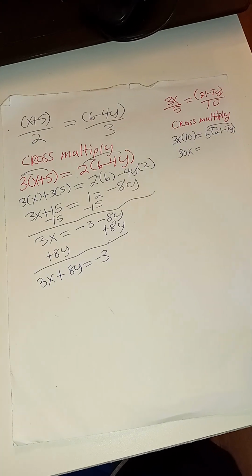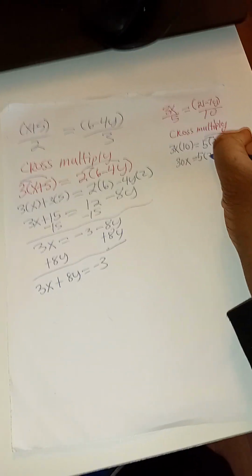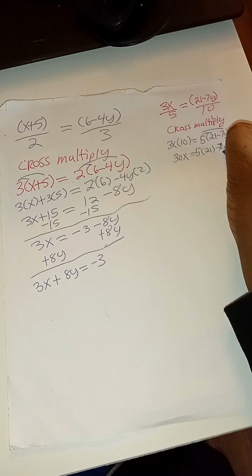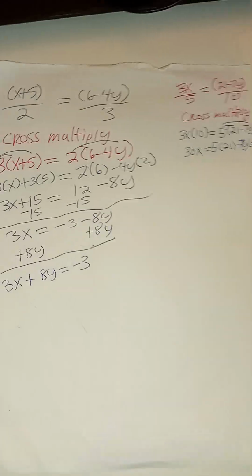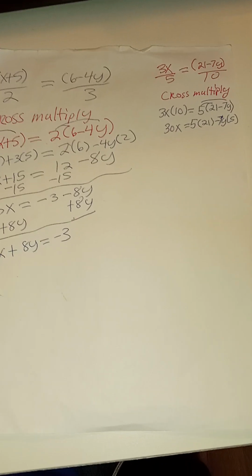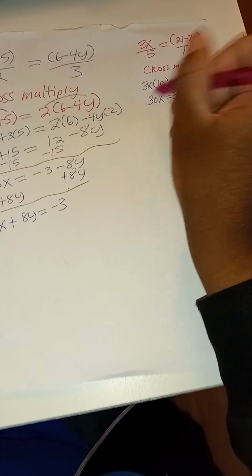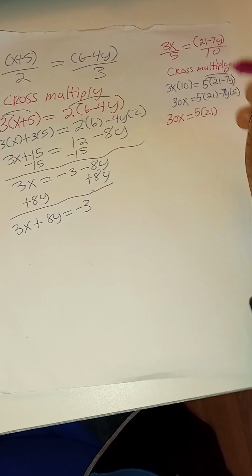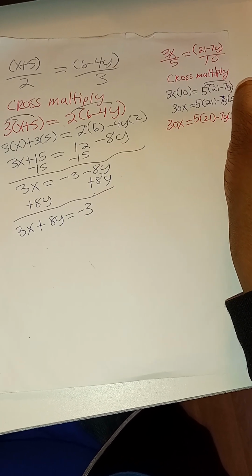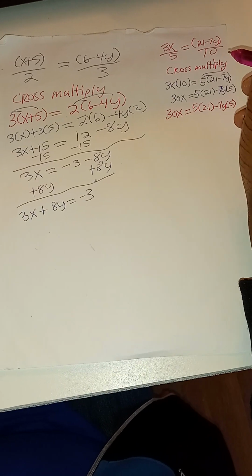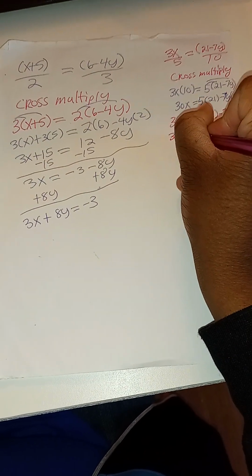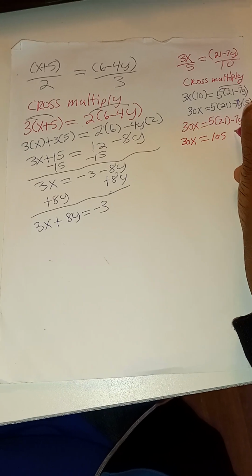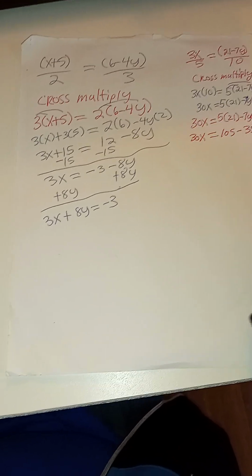So 5 times (21 minus 7y) times 5. And let's rewrite that a little bit larger there. So 30x is equal to 5 times 21 minus 7y times 5. So this will equal 30x is equal to 105 minus 35y.